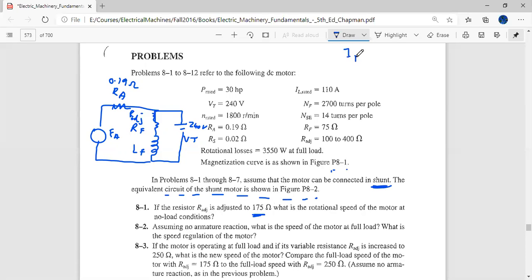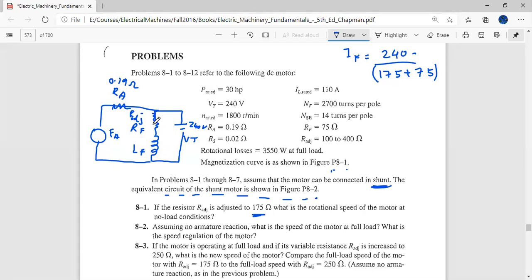IF is equal to 240 divided by R adjustable, 175, plus RF, 75. How much would be the value of IF? Quickly tell me on the chat window.